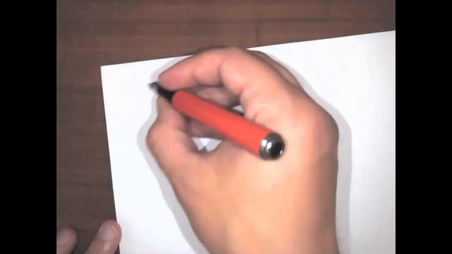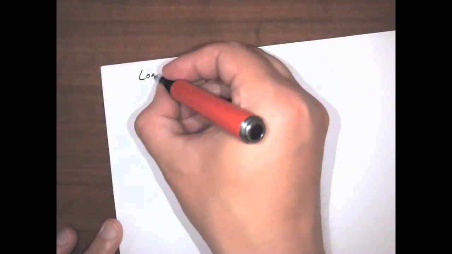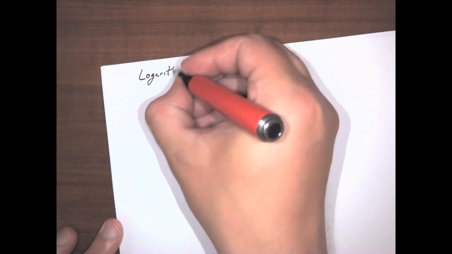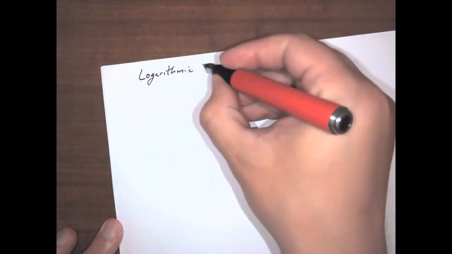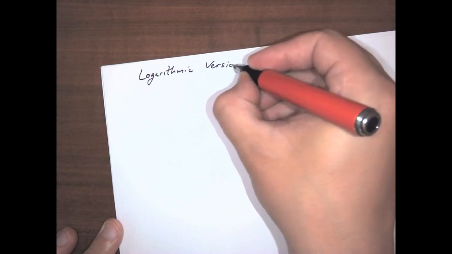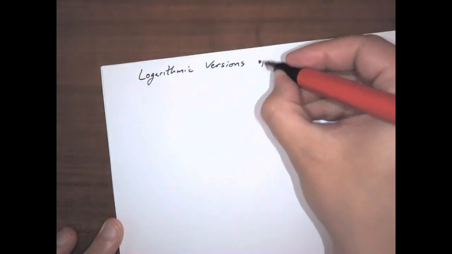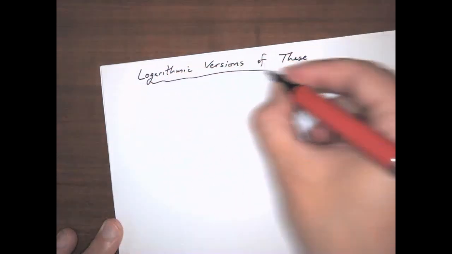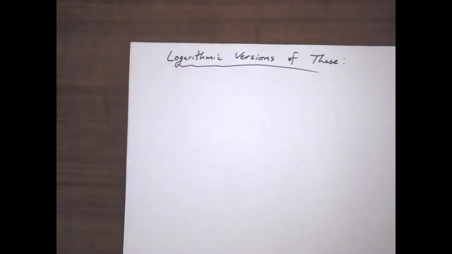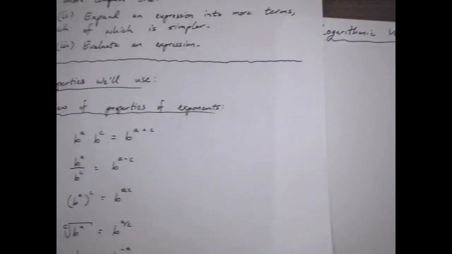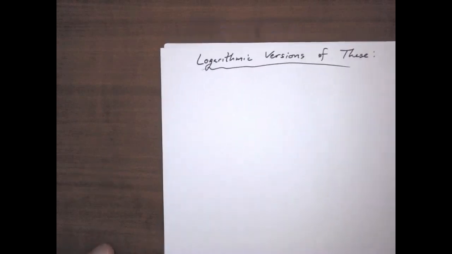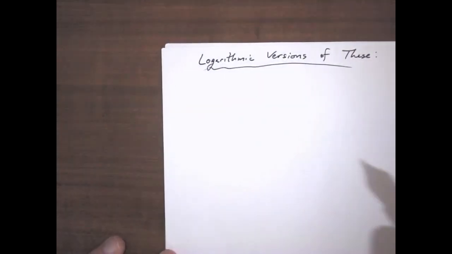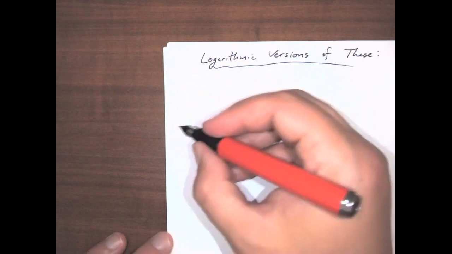Now, the logarithmic versions of these same properties. Well, the first one that we said was the one where if you multiply two things with the same base, that's the same as adding their exponents. But logarithms are more like asking you, what were the exponents?